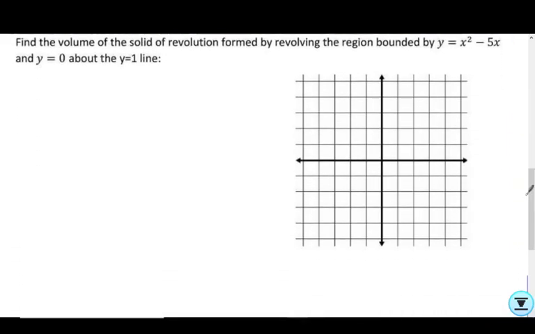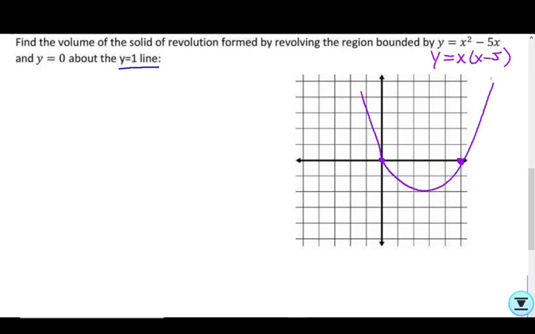So we're finding the volume of a solid of revolution formed by moving this bounded area around the y equals 1 line. Okay, so we have our quadratic here, y equals x times x minus 5, which means I have zeros at 0 and 5, and it looks something like this.